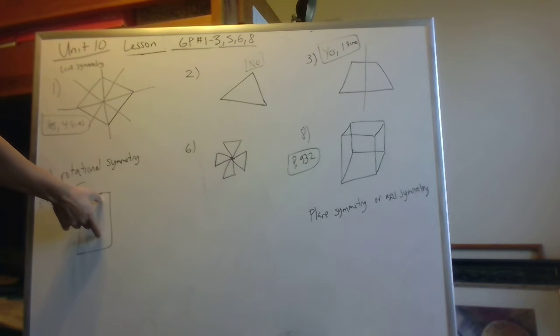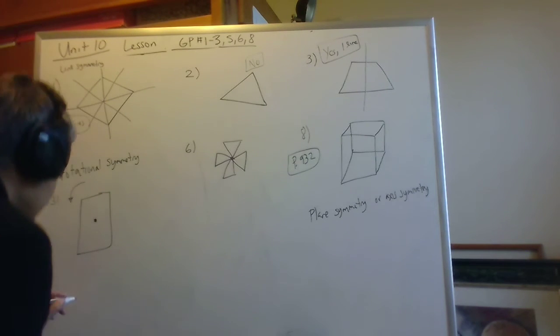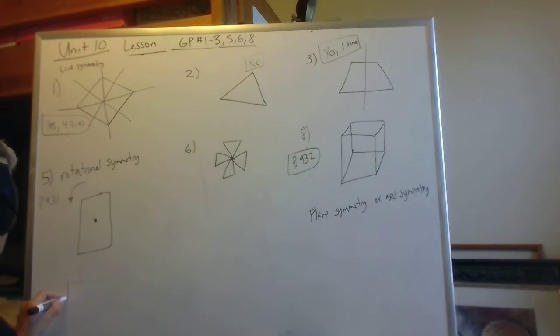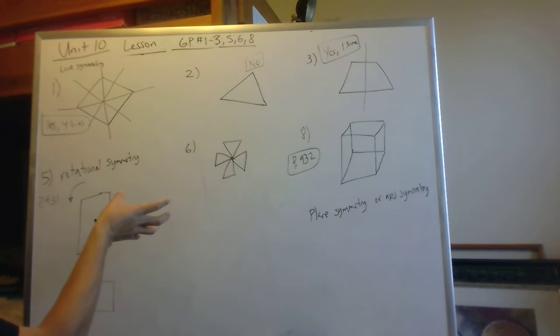So if we did 90-degree angles, the rectangle would be like this. Does that look like the original shape? Granted, it is the original rectangle, but when we spin it 90 degrees to the left or counterclockwise, it does not line up. Well, what if we spin it again 90 degrees?